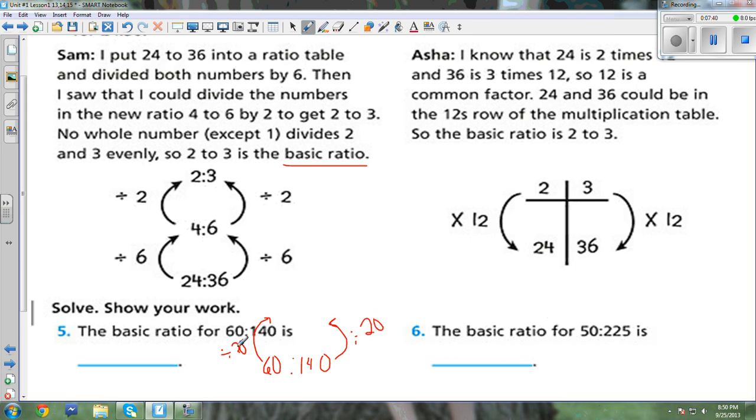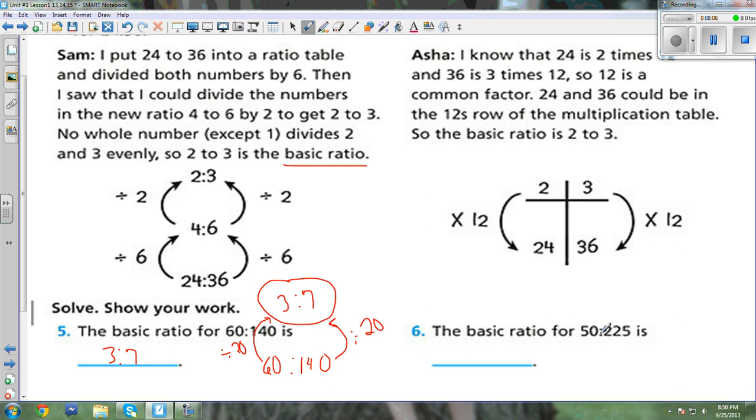That's going to leave you 60 divided by 20 is 3. 140 divided by 20 is 7. The only factor that will go evenly into 7 and 3 is 1, so 3 to 7 would be your basic ratio.